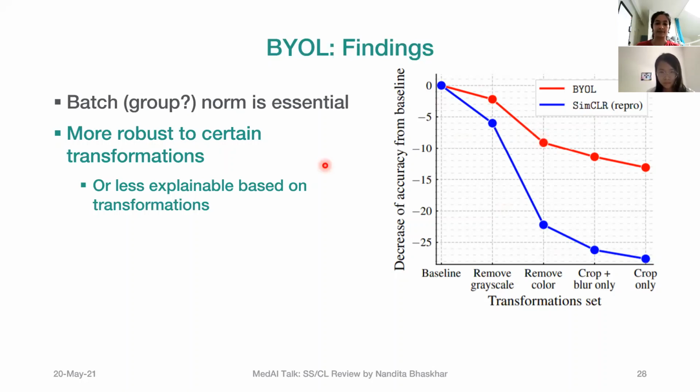But on the other side of the coin, it means that it's less explainable based on transformations. In the medical community, you want some interpretability: I'm performing transformation A because I assume that if I transform this image, I want it to be the same. But if any transformation works well, then it's a little questionable.